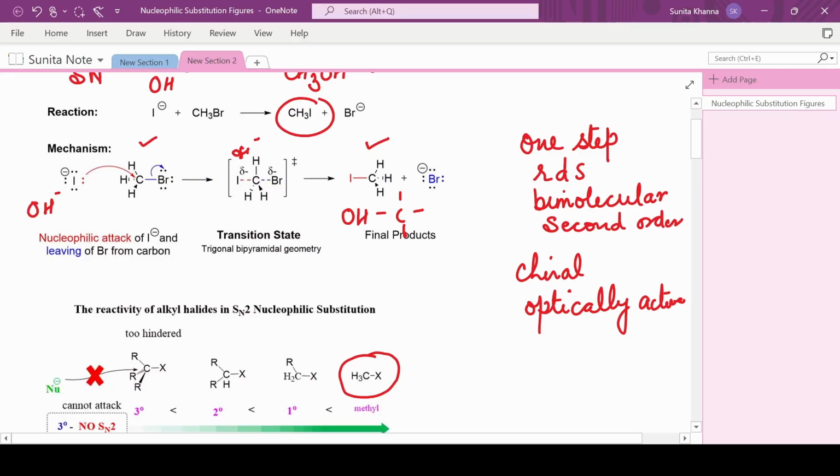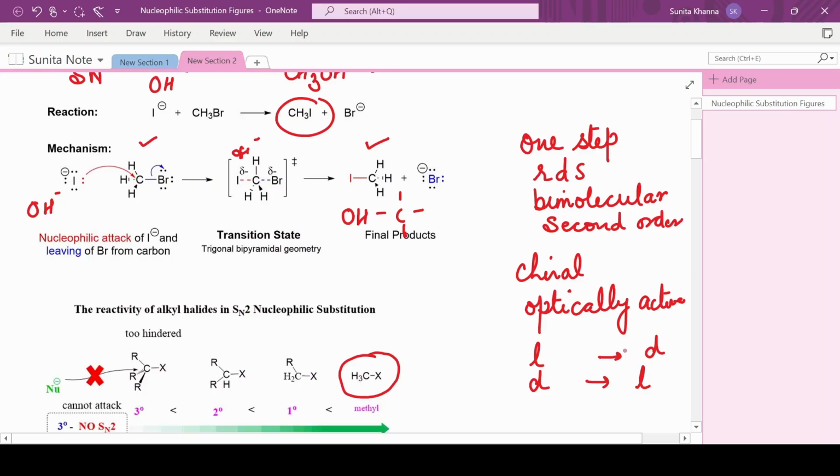If that alkyl halide is levorotatory, then the product will be dextrorotatory, and if it is dextrorotatory, then the product will be levorotatory. This is the stereochemical aspect of the nucleophilic substitution reaction.